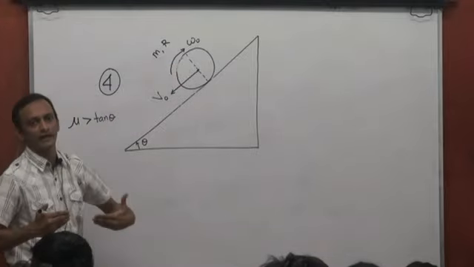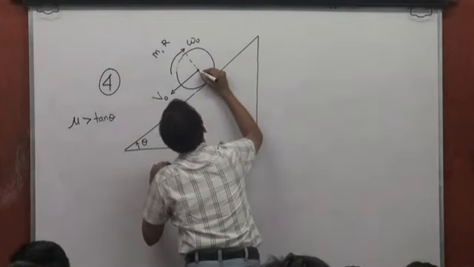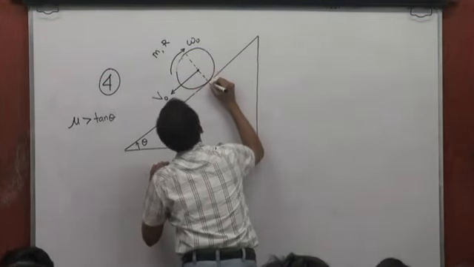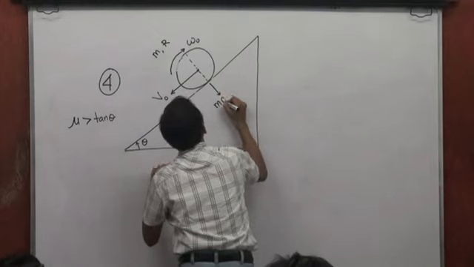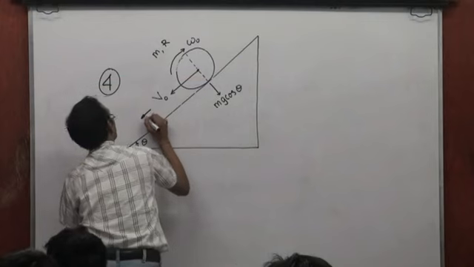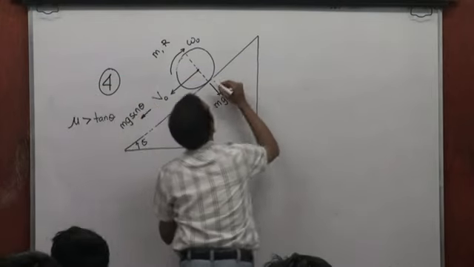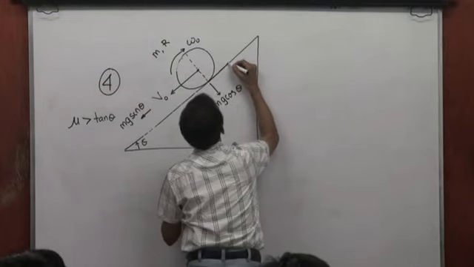First of all, forces acting on this. Well, there is mg cos theta this way. There is mg sin theta like this. And there is frictional force this way.